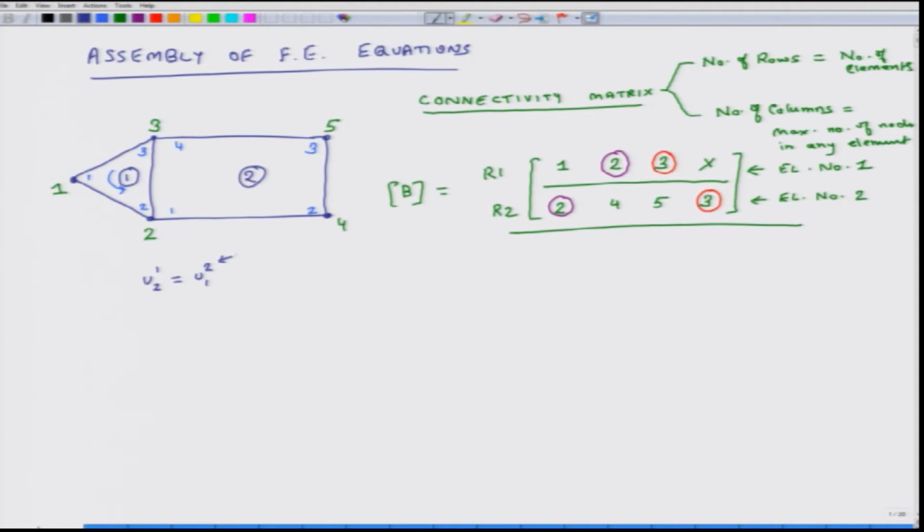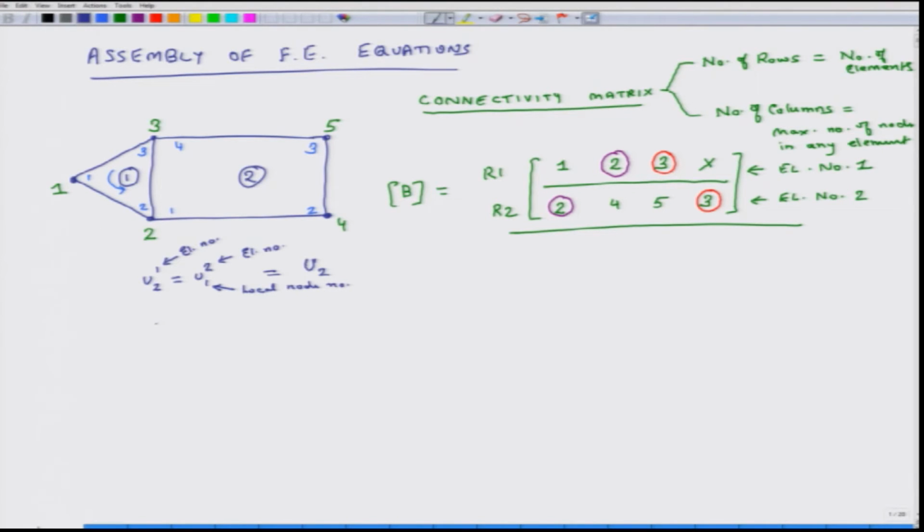See, this tells us element number, this is element number, and this is local node number. So, by looking at the connectivity matrix, I can write down this expression, and this equals the global degree of freedom, which is capital U times 2.